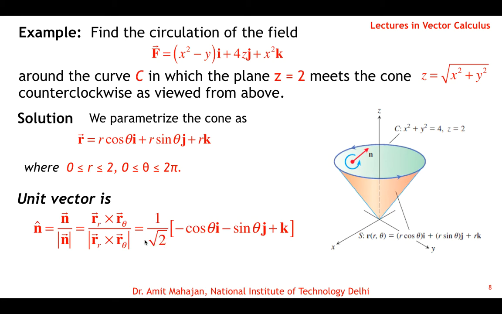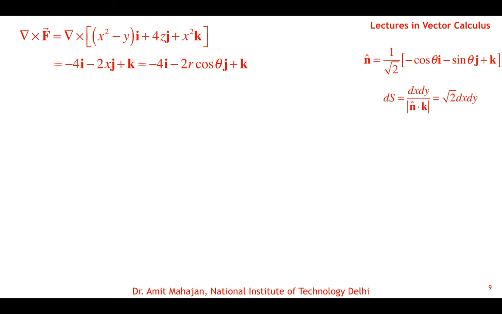So 1 plus 1 is root 2. Easily you can calculate the unit normal vector, and clearly you can see that along z the vector is positive, so it is in the direction of z here. Once we have this n cap, we can now calculate the circulation using Stokes theorem, by calculating the curl of the function and then its dot product with n cap. The vector field F is given, so we can calculate its curl using the determinant.